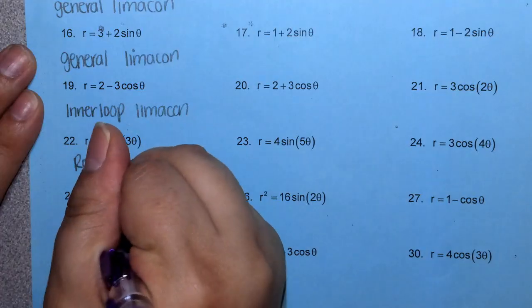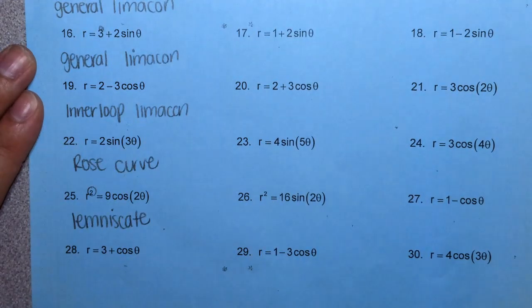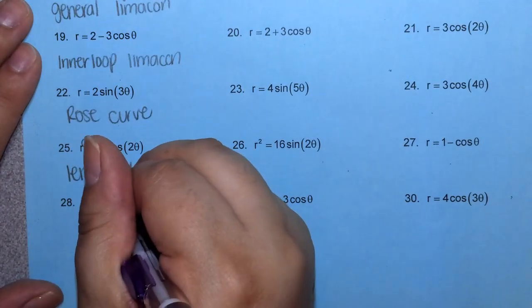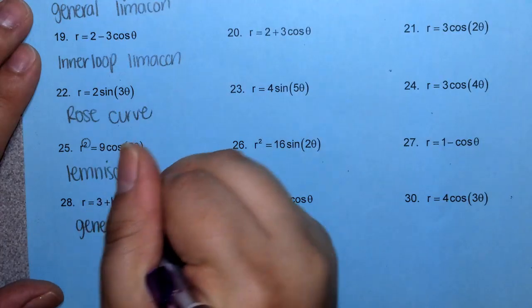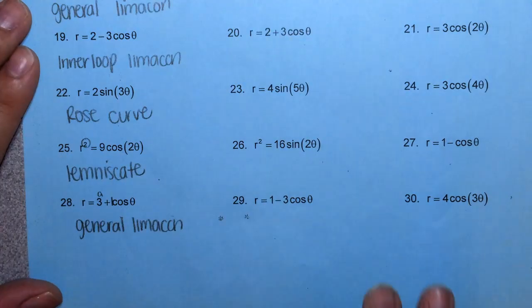R squared. If you have R squared, it's a limniscate. And then 28. General, there's a lot of generals. General limaçons. Because your A is bigger than your B.